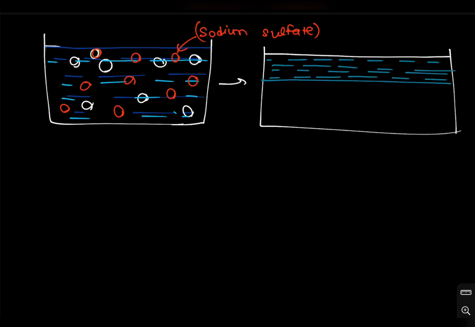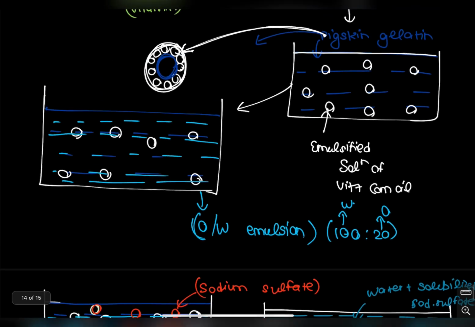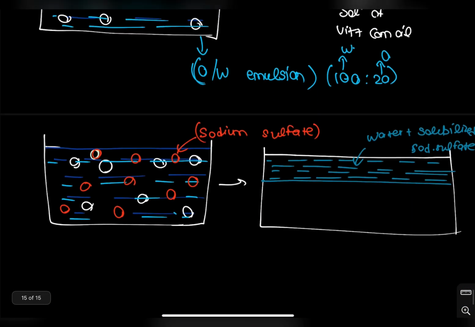So we have this layer which is water plus solubilized sodium sulfate. This is one layer that we will be getting. And the second layer that we will be getting is, white color. We will be getting these particles again.